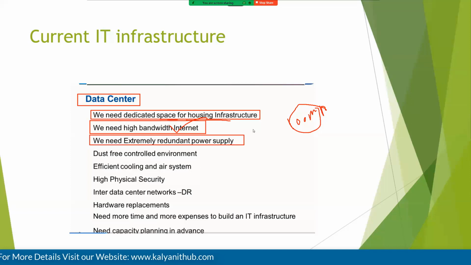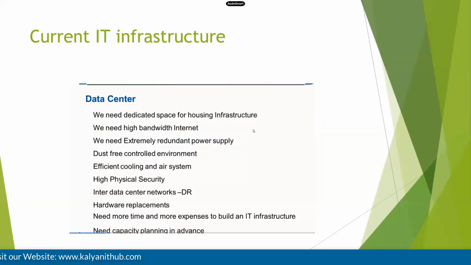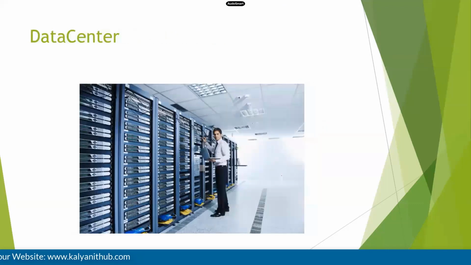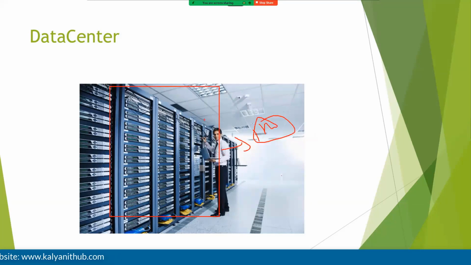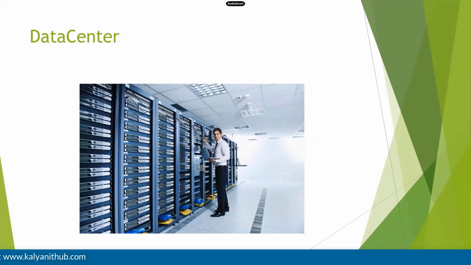Next, we need a redundant power supply. Without electricity, a data center cannot run. Assume there is a 1 hour power outage; during that period, you should be able to run the data center with battery or power. Clear?